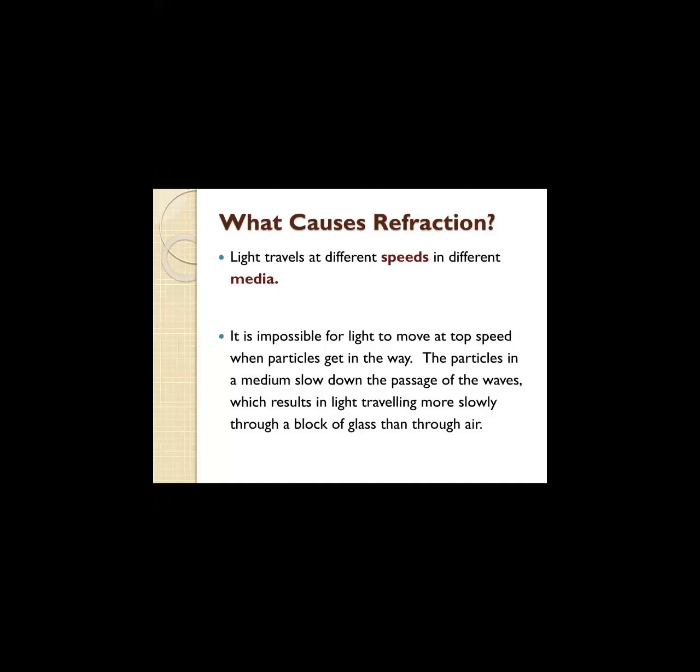It is not possible for light to move at top speed when particles get in the way. The particles in the medium slow down the passage of waves, which results in light traveling more slowly through a block of glass than through air. So I hope it is clear.